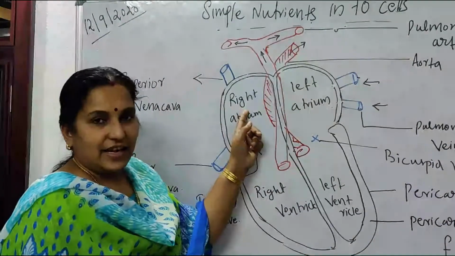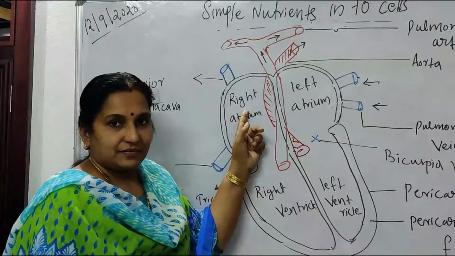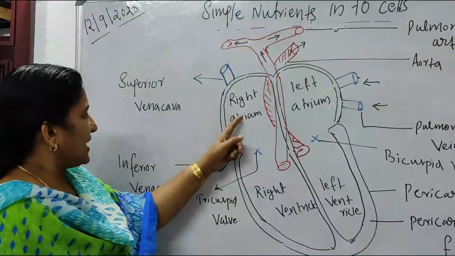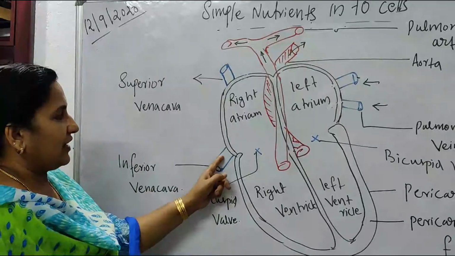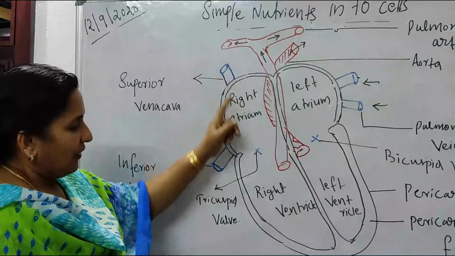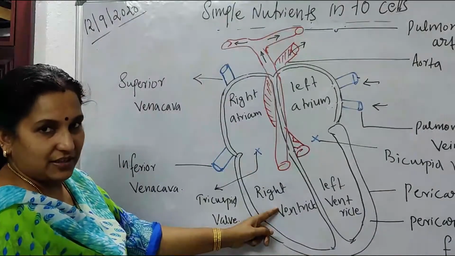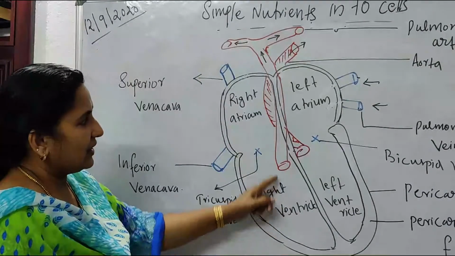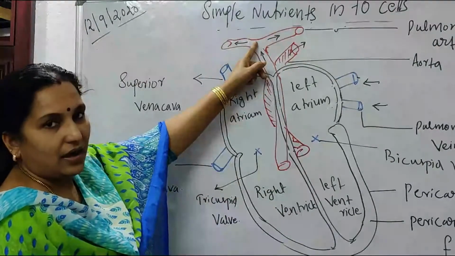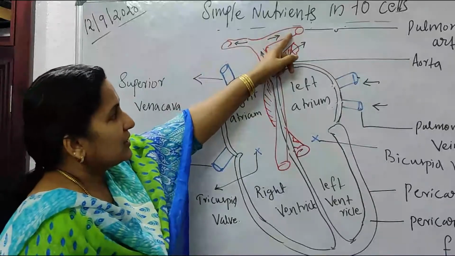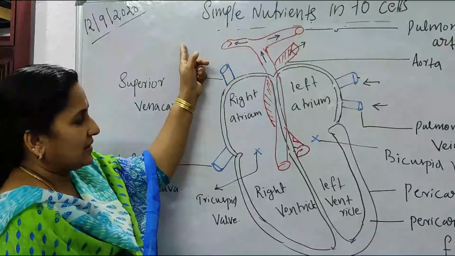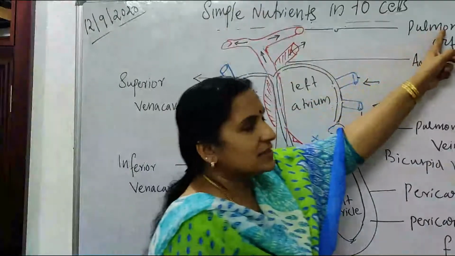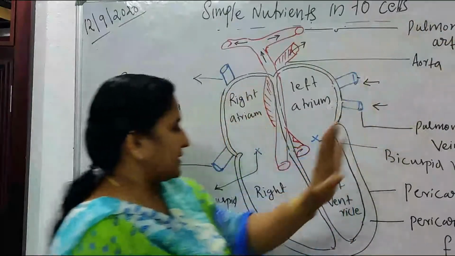The blood vessels that reach the right atrium are superior vena cava and inferior vena cava. From the right ventricle, the blood vessel which arises is the pulmonary artery. So this goes to one lung and this to the other lung. The word pulmonary means related to lungs.